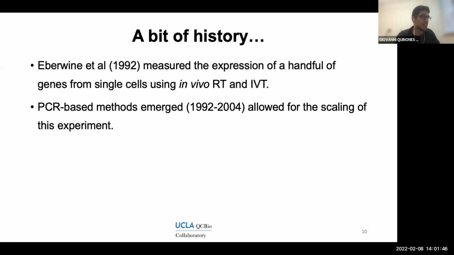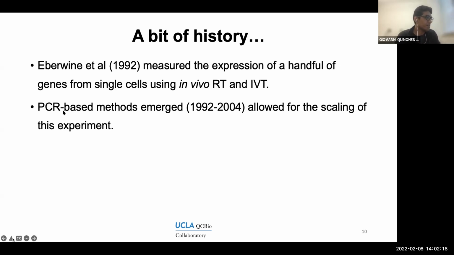From 1992 to 2004, this method was greatly improved thanks to the advances made on PCR. Hopefully, most of you are familiar with what PCR is. In just a few words, it is a technique used in the lab to amplify the signal from either DNA or RNA via conversion to cDNA.